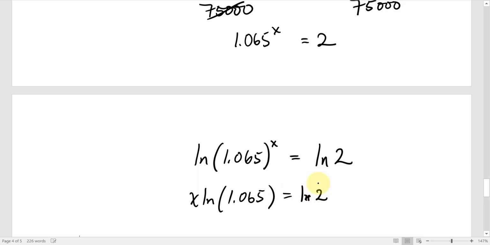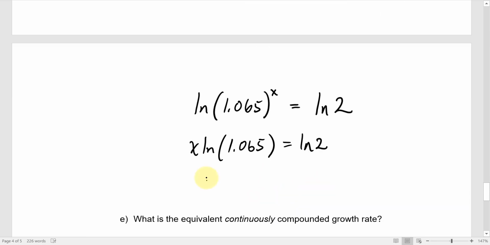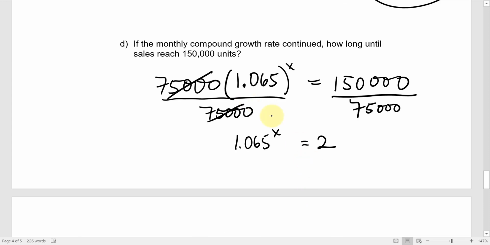That's the ln of 2. So x is the ln of 2 over the ln 1.065. I'm doing this because it's sort of an obvious question, right? If you could see something growing at 6.5% every month, how long until it doubles, or any other value, right?